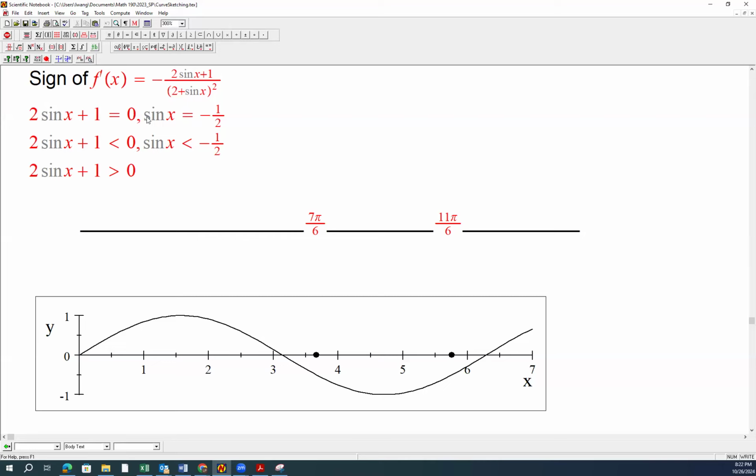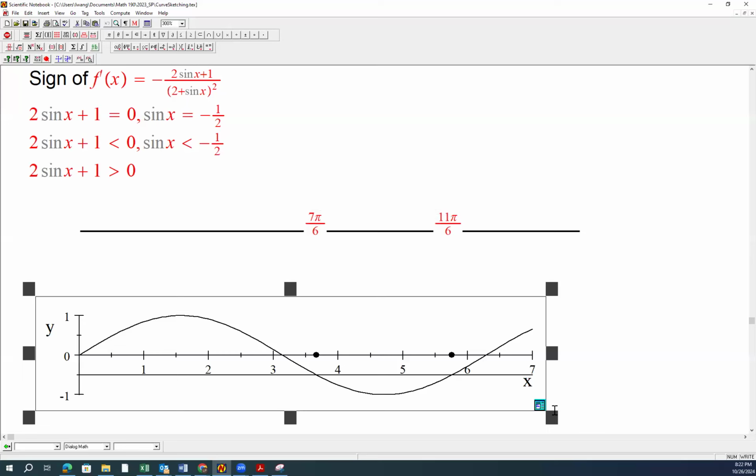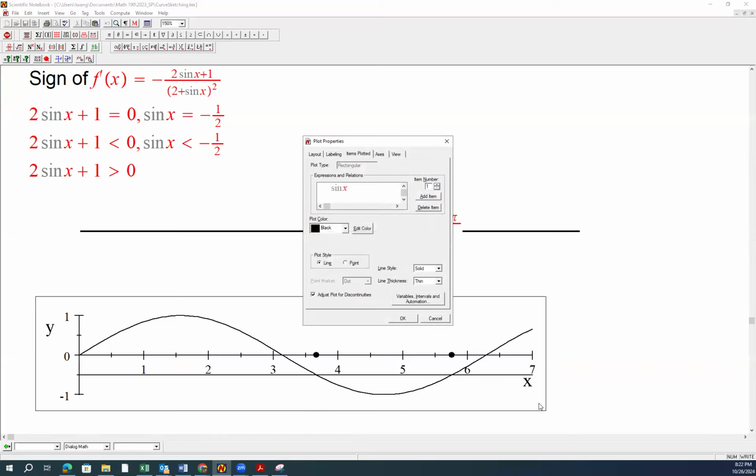For sine x equal to negative half, we can draw a horizontal line at negative half. What color am I going to use? I'm going to use red.